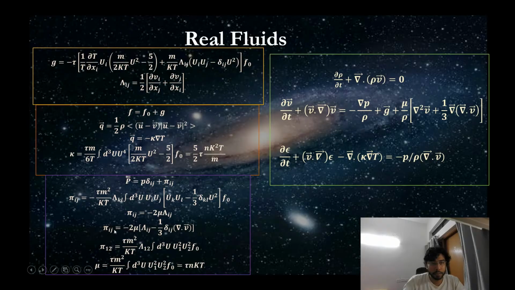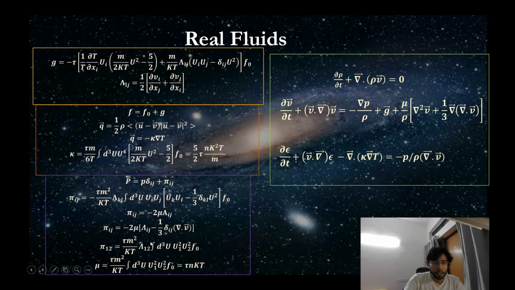If you do the summation of pi_ii in this term, you can see that this reduces down to 0, because lambda_ii will be divergence of v, summed over 3 times, so this term and this term will cancel.